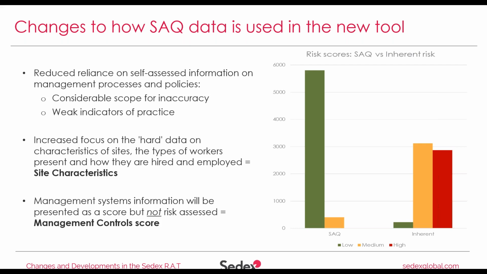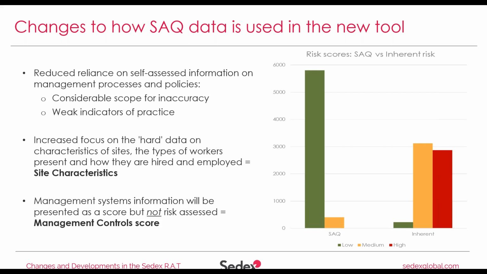We think that comes from the fact that there is the potential for incentivizing some suppliers to provide a positive answer around management systems or monitoring and evaluation, particularly if this is closely linked to things like audit frequency, or they consider that there might be pushback or consequences from a buying organization if they don't answer positively in those situations.